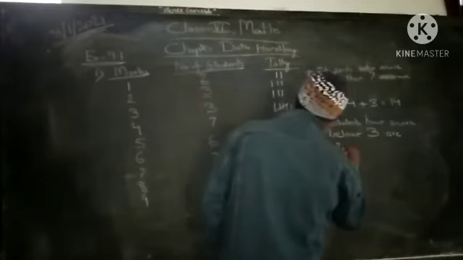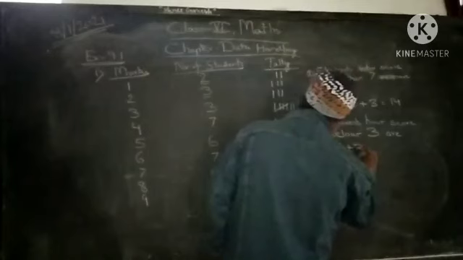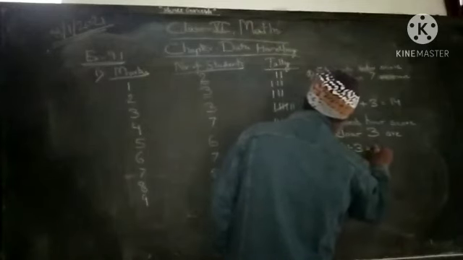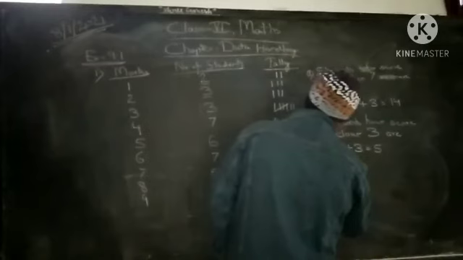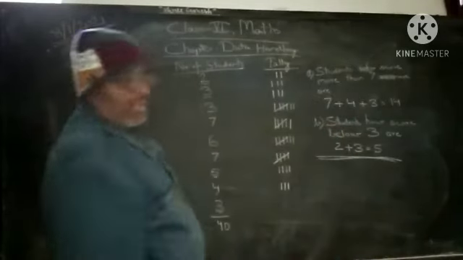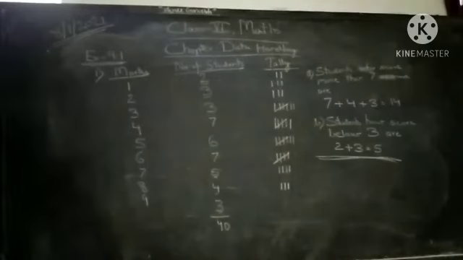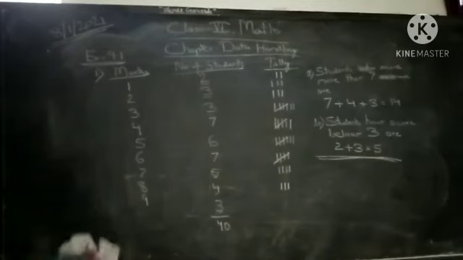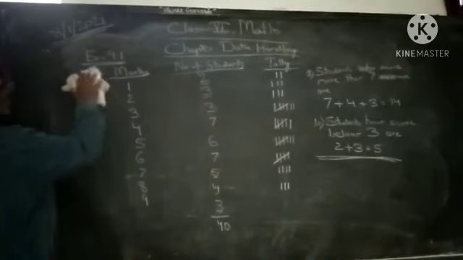That's 2 plus 3 equals 5. This will be our answer. So this is how we need to do this type of sums.